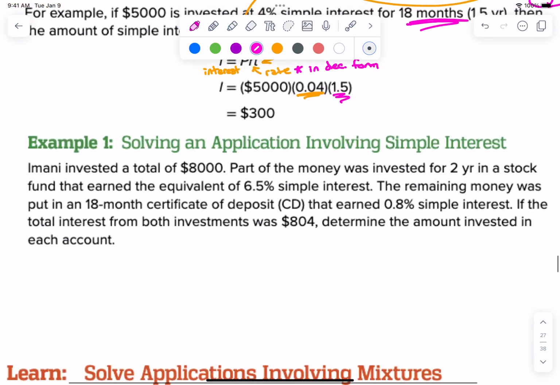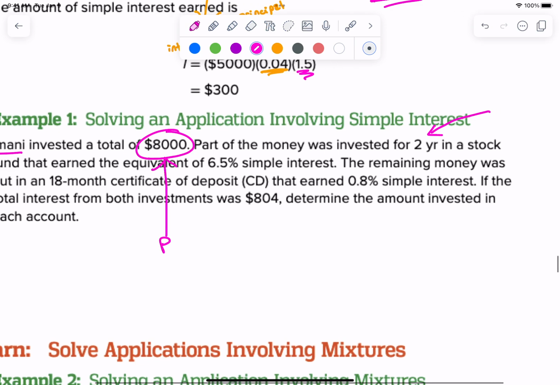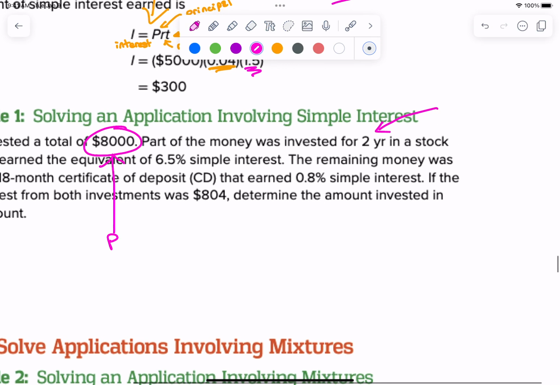Okay. All right. Let's go to this one. He initially invested $8,000. What's that going for? That's principal. Invested for 2 years in a stock fund that earned 6.5% interest. What's 2? Time. What's 6.5%? Rate, and that is 0.065.